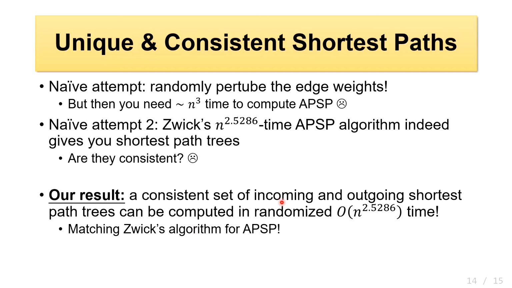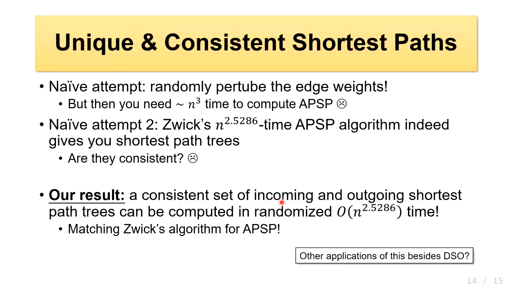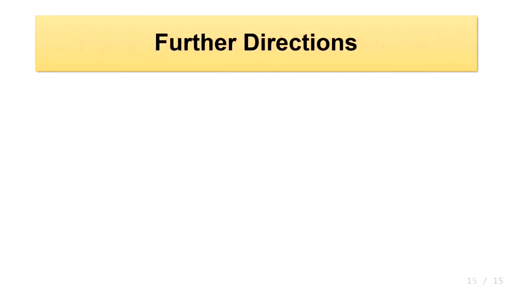Okay, so this is our third technical ingredient. I believe this should be a fundamental problem, but I didn't find other literature on it. I think there should be other applications of this besides DSO, and I would be very happy to find some.